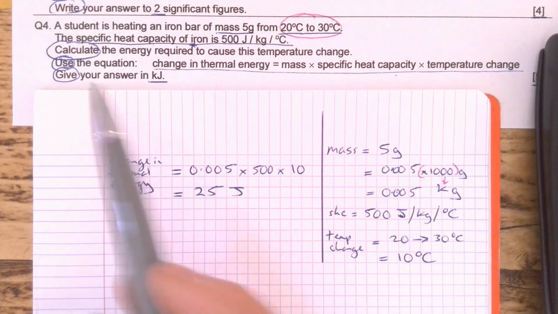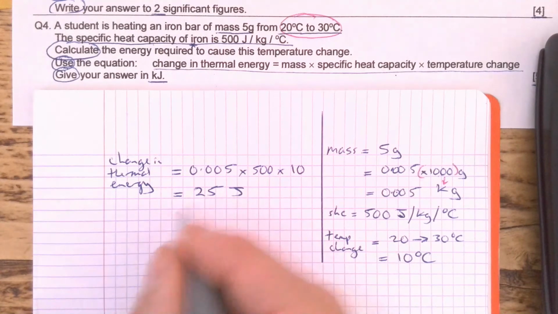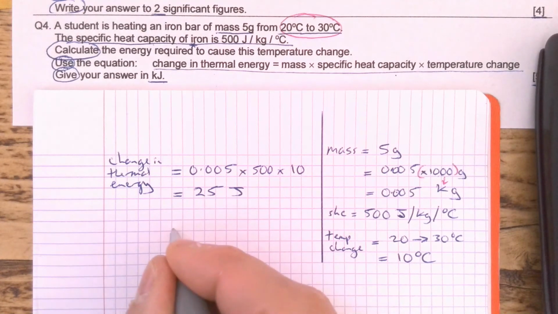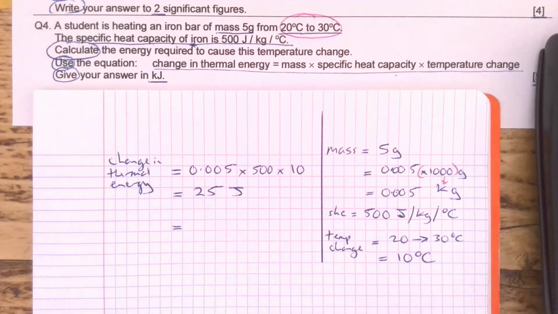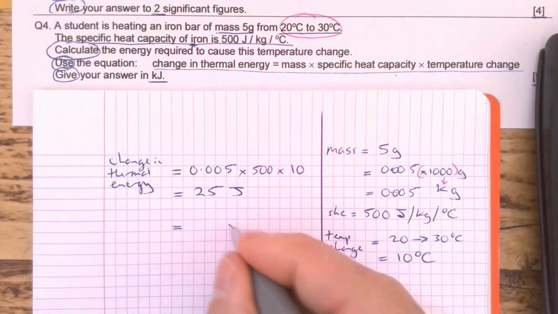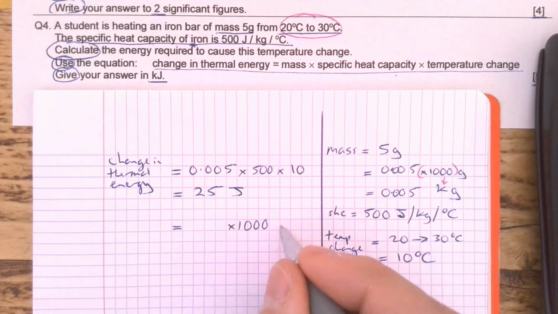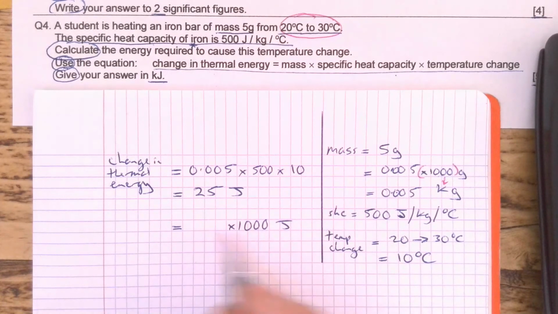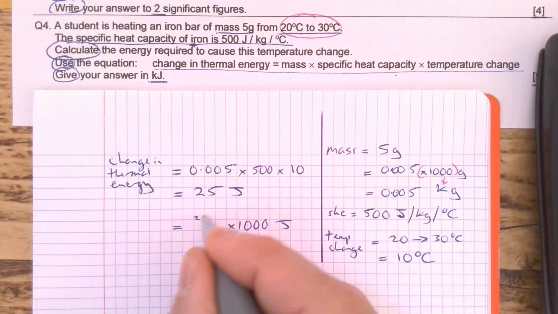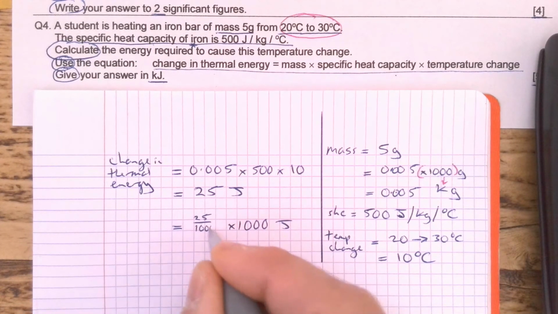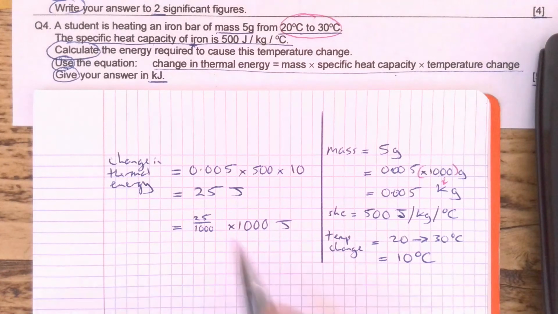And last thing, give your answer in kilojoules. So I need this to be kilojoules. Kilo, remember, is times 1,000 joules. So what do I times by 1,000 to make 25? I'm going to have to do 25 divided by 1,000, because I want the thousands to cancel out.